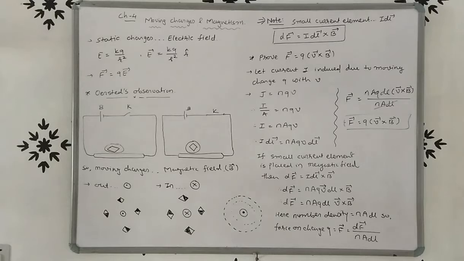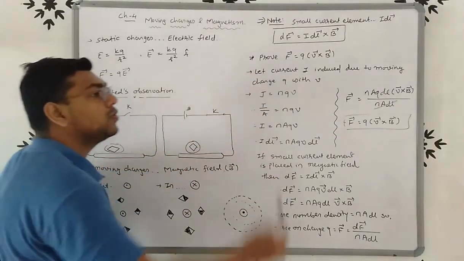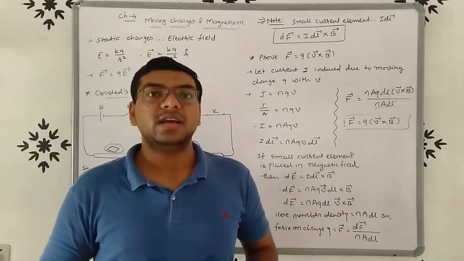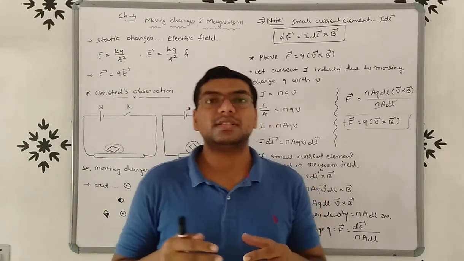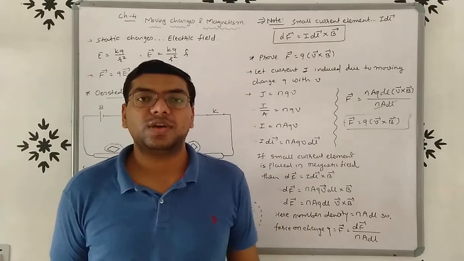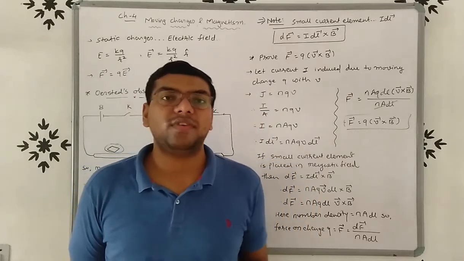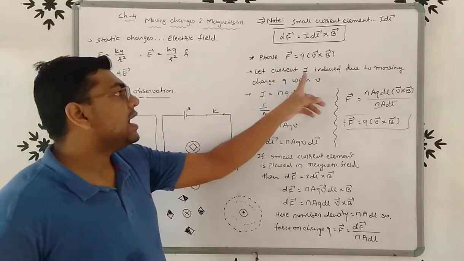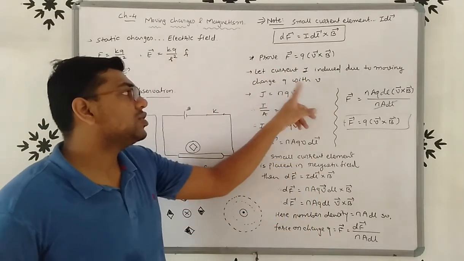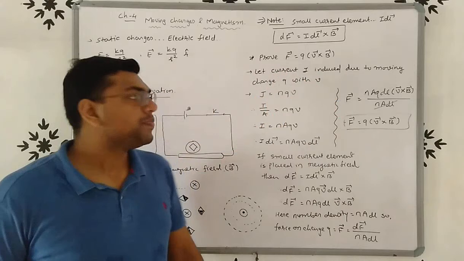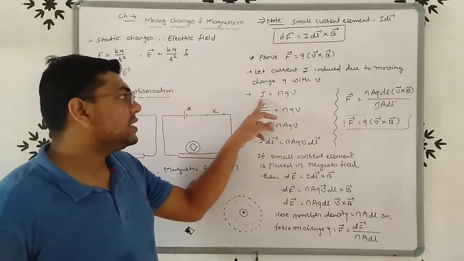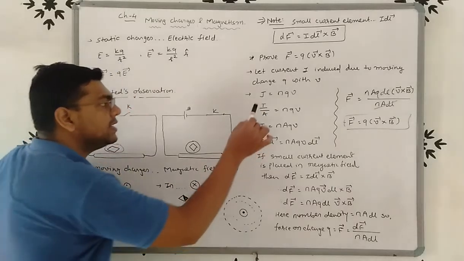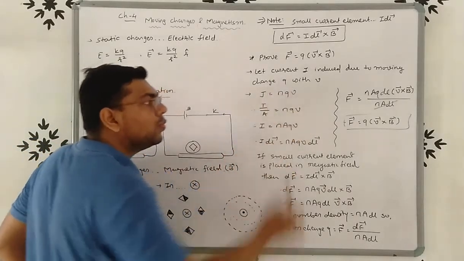Once again, here we have to prove the force on charge Q in a magnetic field. Now we know that here the charge will be moving. So if charge is moving, current will be there. So let the current I be induced due to moving charge Q with velocity V. So current density J is equal to NeVd, so from the formula of current density, J is equal to NQV.